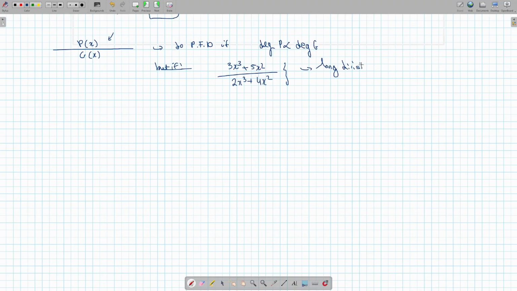Because when you do long division, you're going to get a number plus a remainder. That remainder is a fraction, and then after you get that fraction, you can do partial fraction decomposition on that fraction. Okay, so let's do long division.